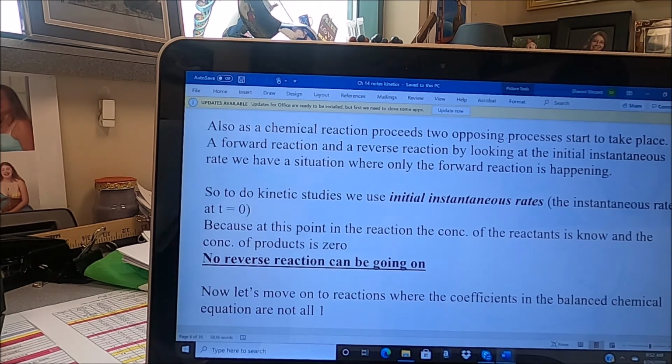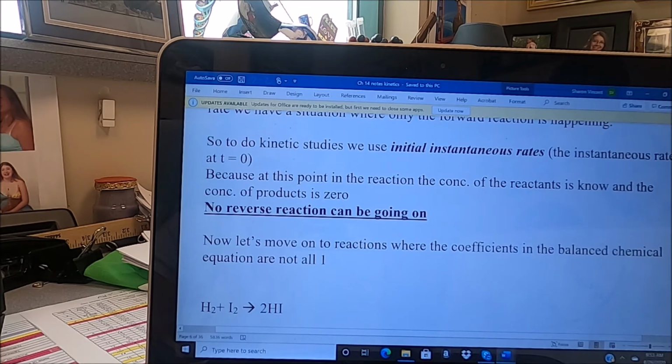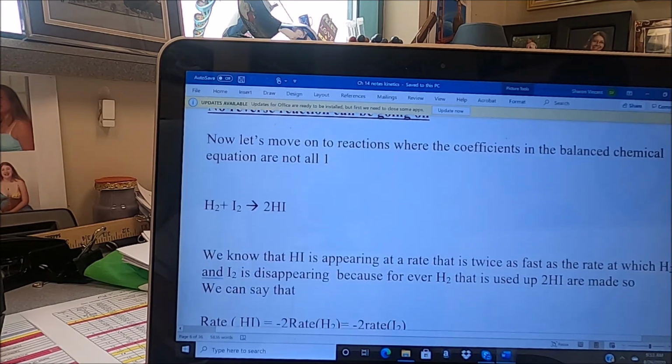The forward reaction and the opposite, the reverse reaction. At the initial point of the reaction, only the forward reaction is happening. So that's another reason why we want to concentrate on the initial instantaneous rate. The instantaneous rate at time t0. No reverse reaction is going on.